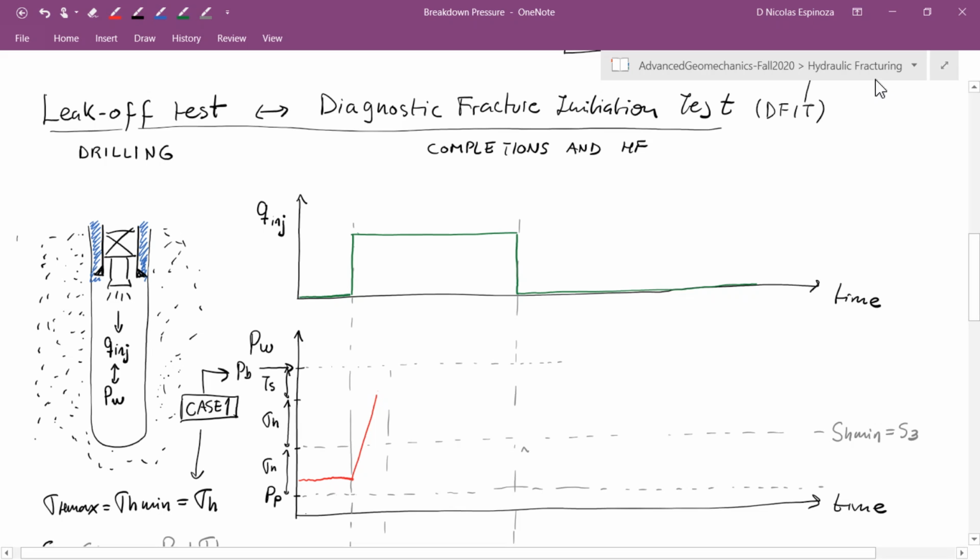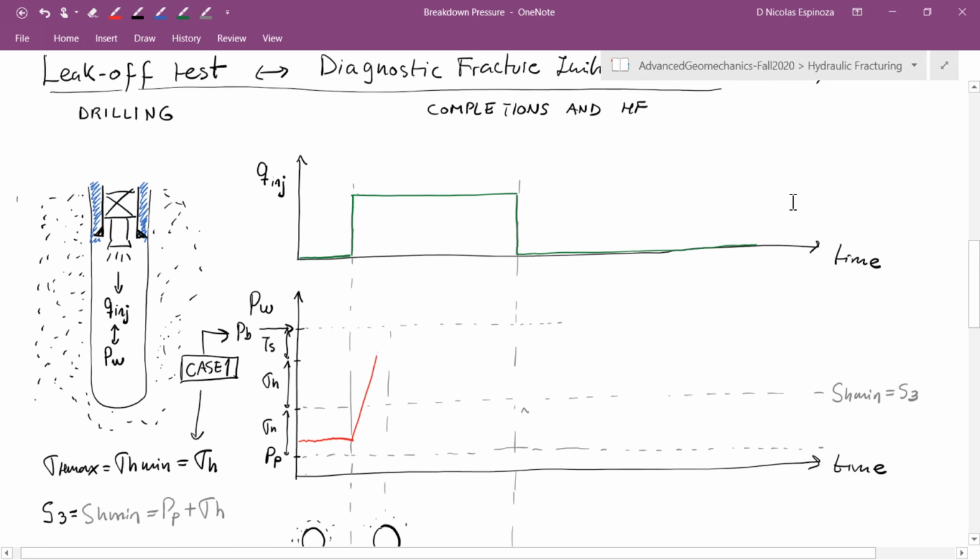To keep the problem a little easier, let's analyze and make a schematic here for the leak-off test. In the leak-off test, what is done is to pressurize an uncased, most often, section of the wellbore.